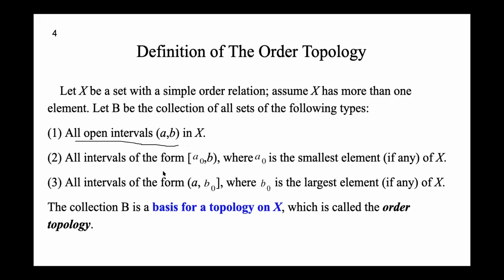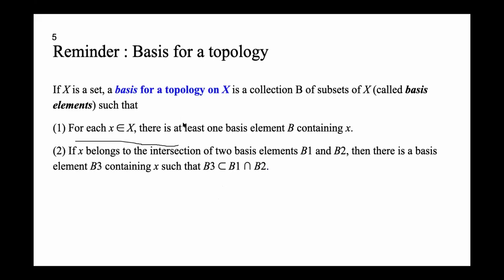And if there is any greatest element, it will have to lie in the third type of intervals. And we will also have to check that the intersection of any two sets of these types is one set of these types, or would be empty. Right. So if we have these conditions, then we can call B the order topology on X.